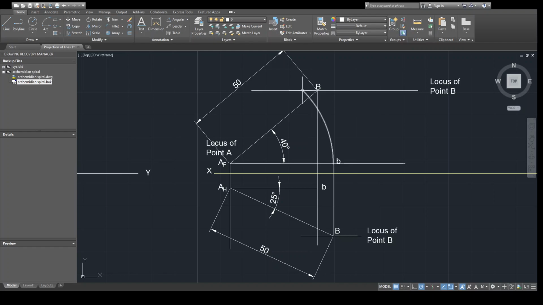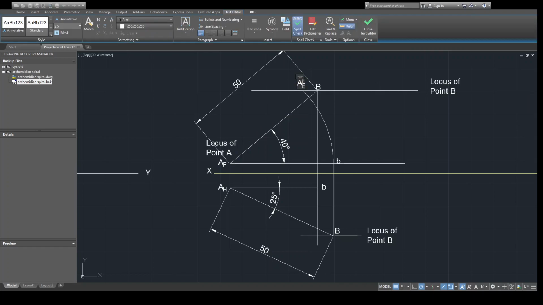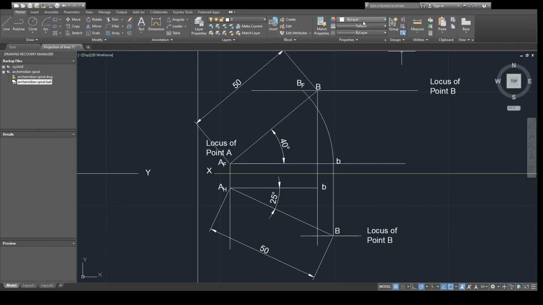So this point we call BF. So join AF BF. So AF BF is our front view.